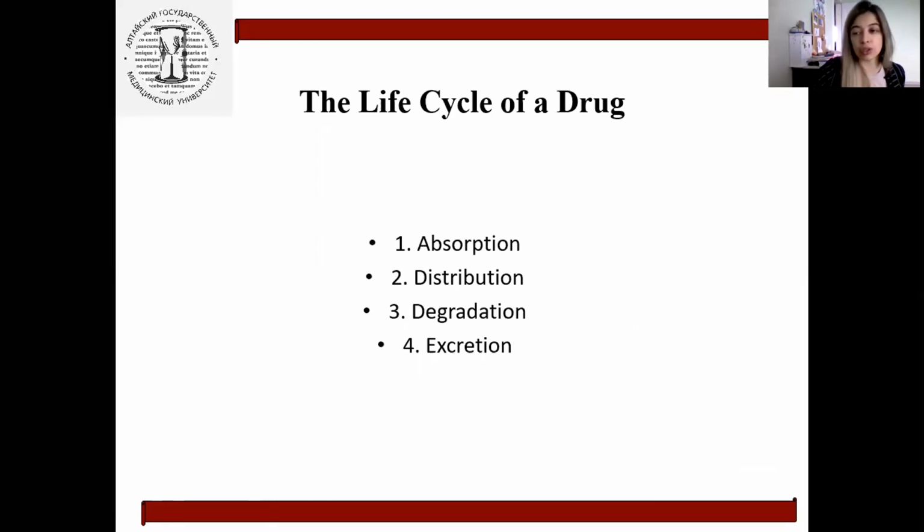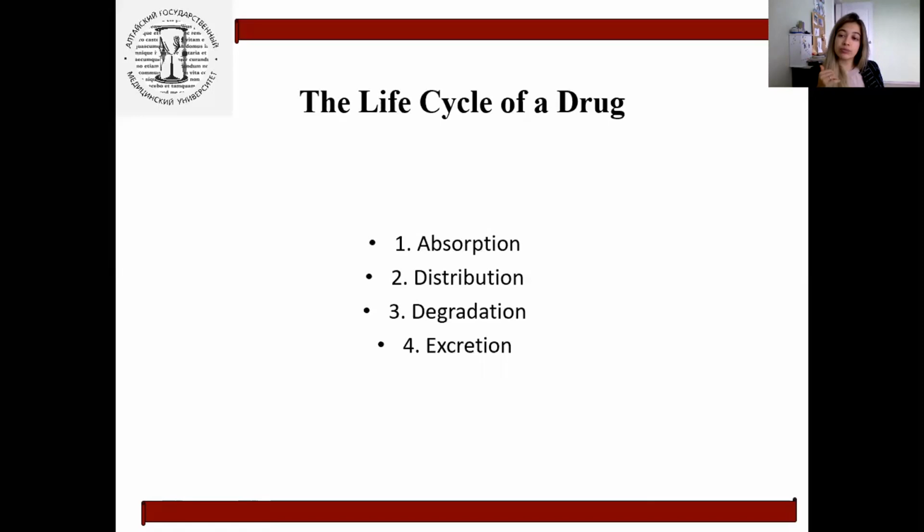And then distribution of the drug: how it distributes in our body, in which organs we have the deposition of the drug, in which organs it can have an effect, where, how much drug will be found in our blood, and so on. So how it distributes. Then degradation of the drug. Degradation is actually biochemical metabolism, because our body can act on the molecule of the drug.